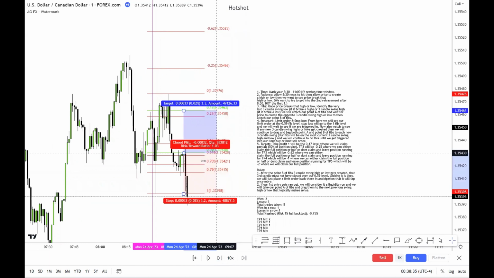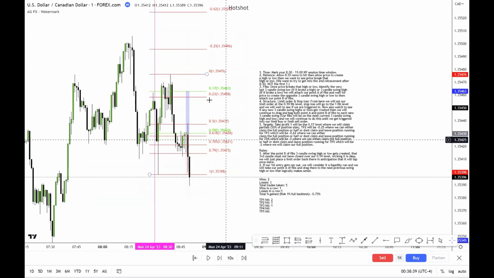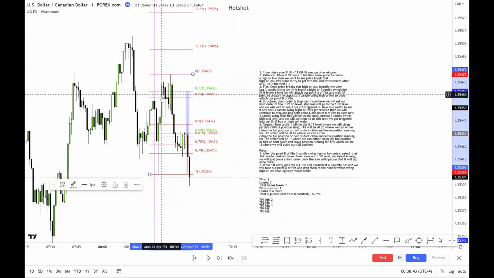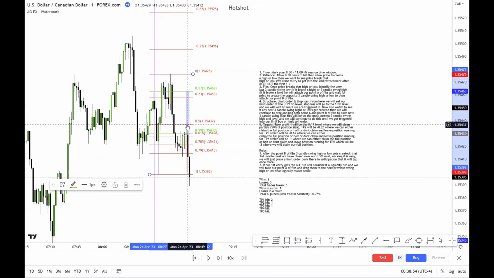Oh, we're getting slaughtered, bro. Now, if you notice though, the rebalance right here, right? This could have been an intermediate term low, but instead it rebalanced right here again. So this is a new one.